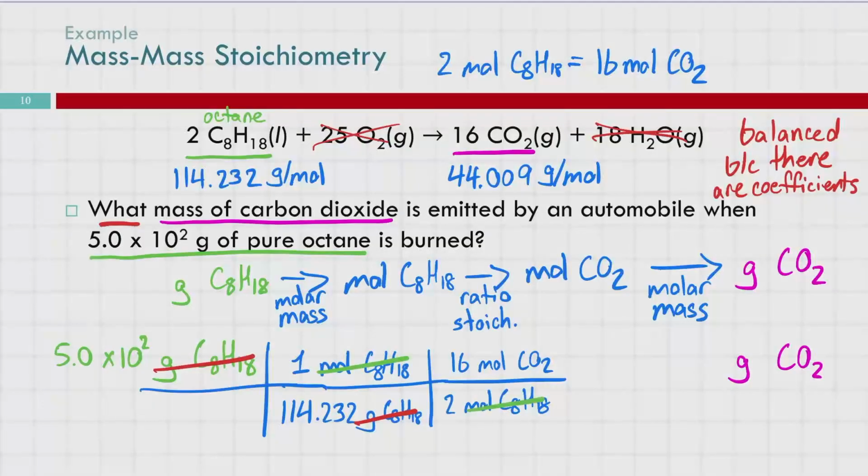Our moles C8H18 cancel. Our units are moles CO2. We're following along with our solution map. We're right where we want to be. To get from moles to grams, we need to use our molar mass. Are we going to multiply or divide by our molar mass? We are going to multiply.